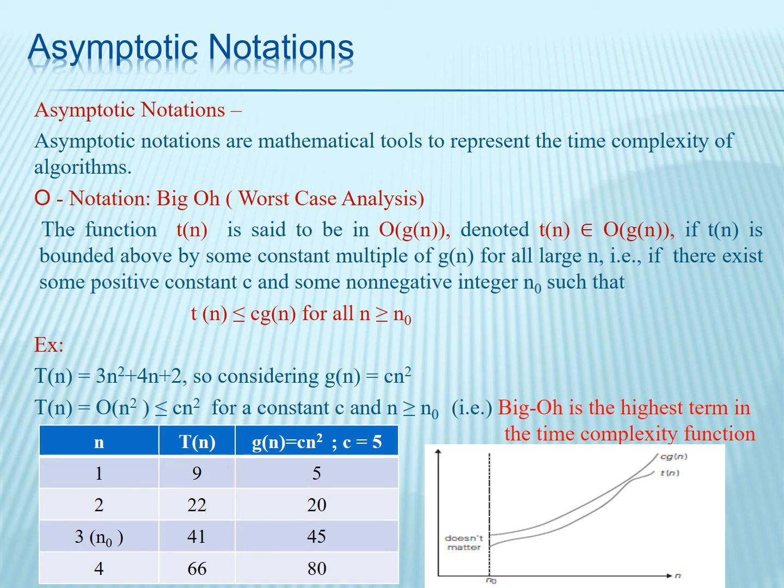The definition of big O notation is: a function t of n is said to be in big O of g of n, denoted by t of n, an element of big O of g of n, if t of n is bounded above by some constant multiple of g of n for all large n.